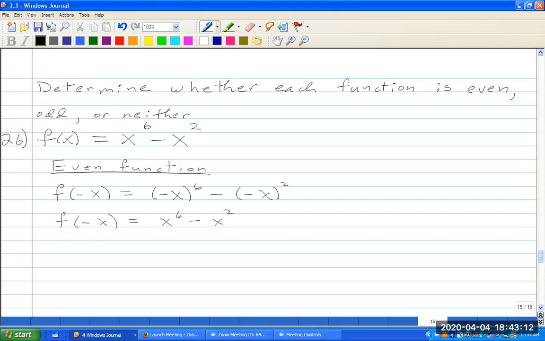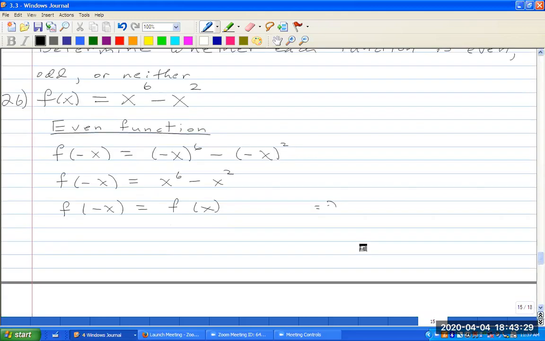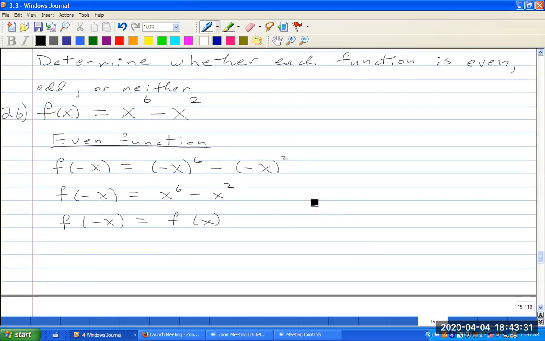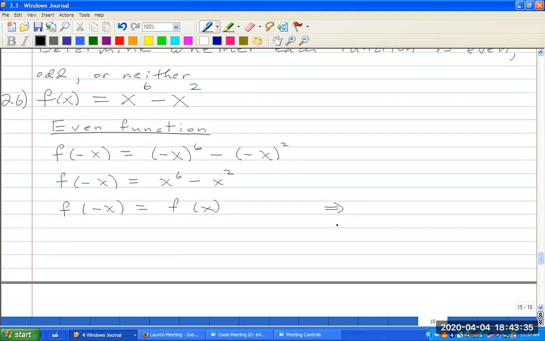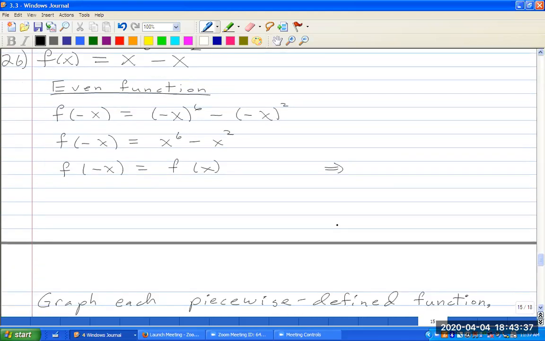But x to the 6th minus x squared is just f of x. And so this says that yes, indeed, this is an even function, since f of -x is f of x. So this is an even function.